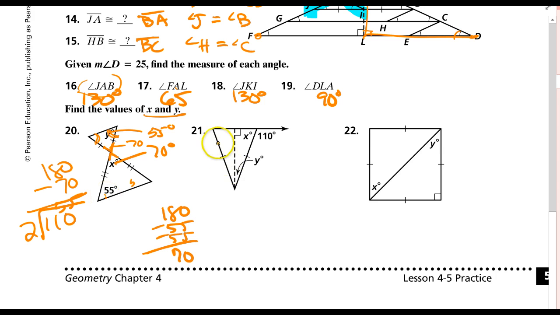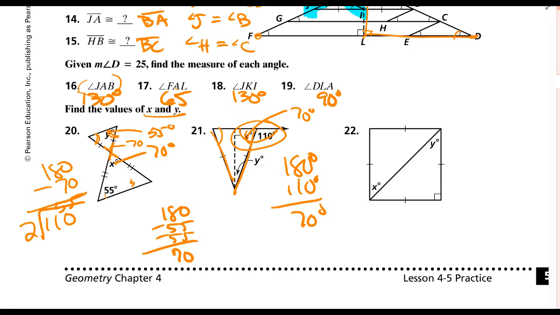21. Congruent sides must mean congruent angles. Now, we need to figure out a little bit about this one by this angle pair, this linear pair. Two angles that make a line add up to 180 degrees. I know about 110. That leaves me with 70 for x. Then, what do I know?